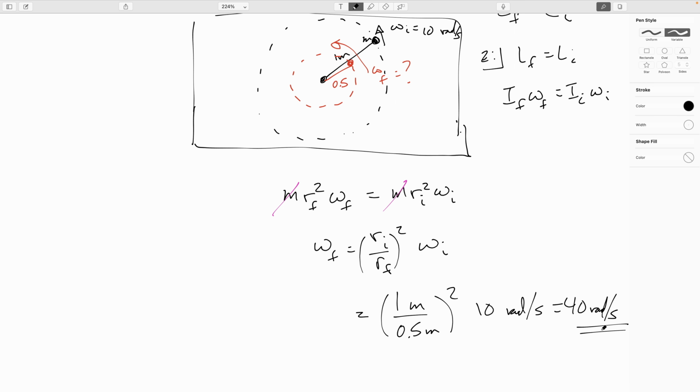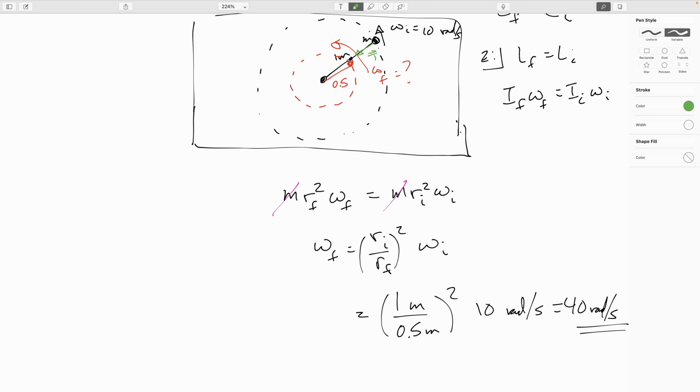Now, you should try to convince yourself that there is no net external torque here. We can neglect for the moment gravity pointing into the monitor and the normal force pointing out of the monitor. They do exert torques, but they are oppositely directed with the same lever arm, so they'll cancel. The main thing we have to worry about is the force due to tension.